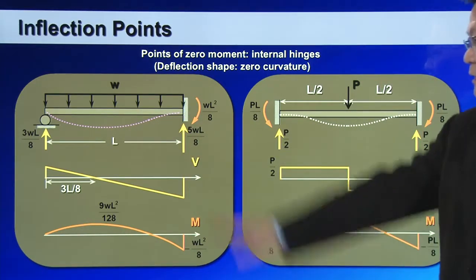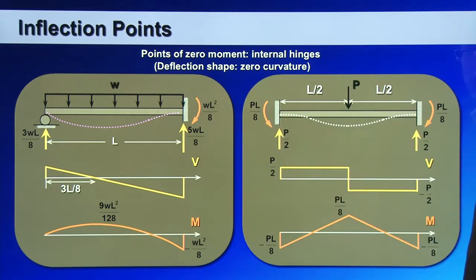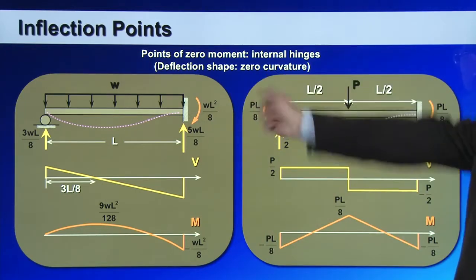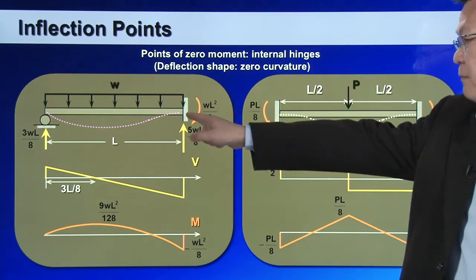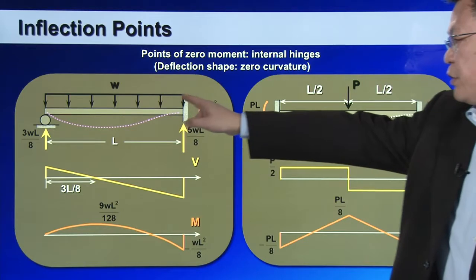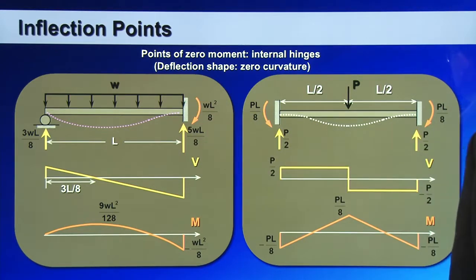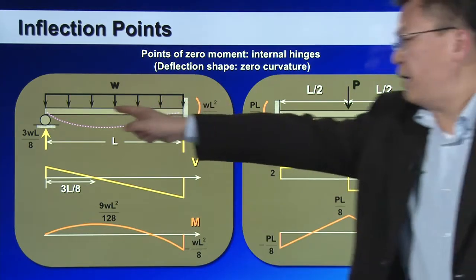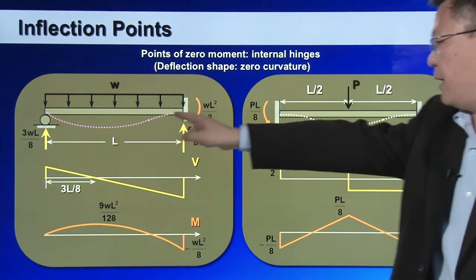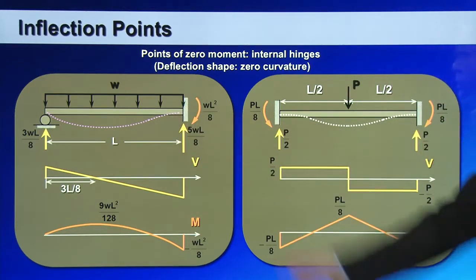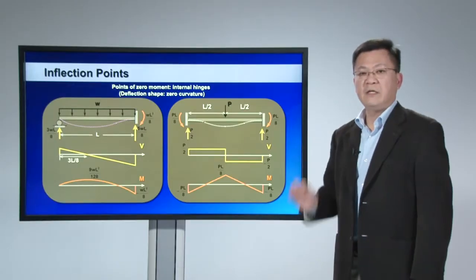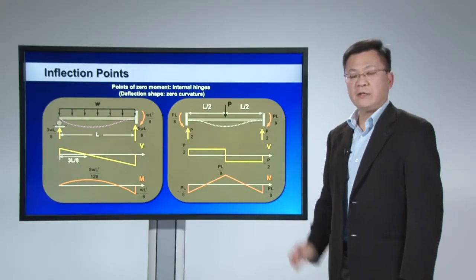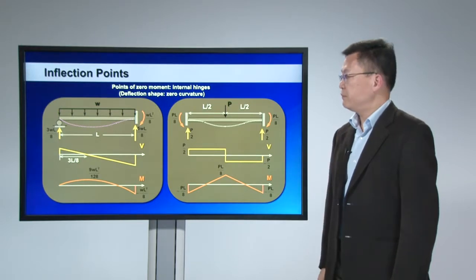On the other side, the clamped side, the bending moment should be clockwise, which indicates that close to the end of the clamp, the curvature is negative. So on the left, I have a positive curvature. On the right, I have a negative curvature. So somewhere in the middle, I should have a point that has zero curvature. So that is the inflection point.